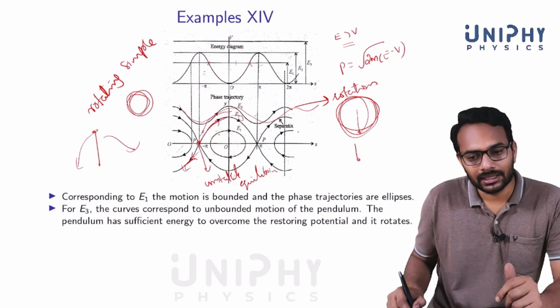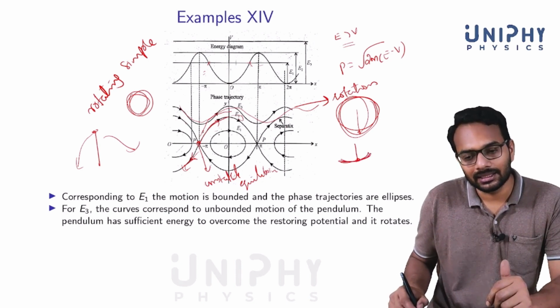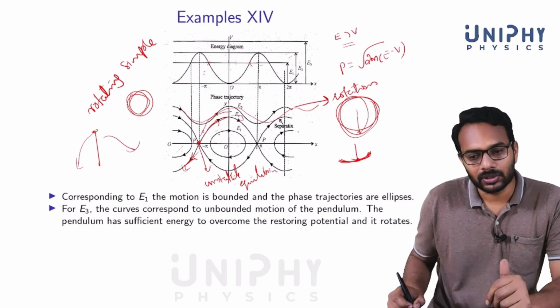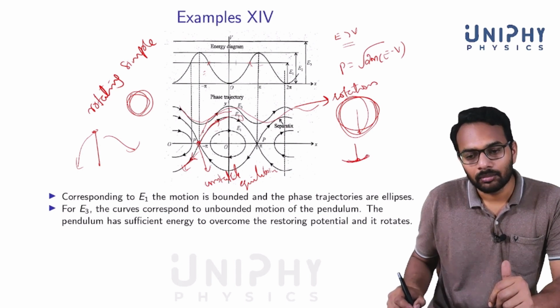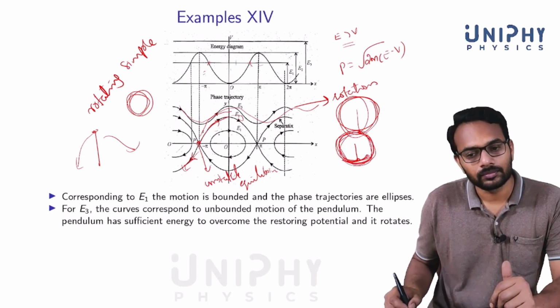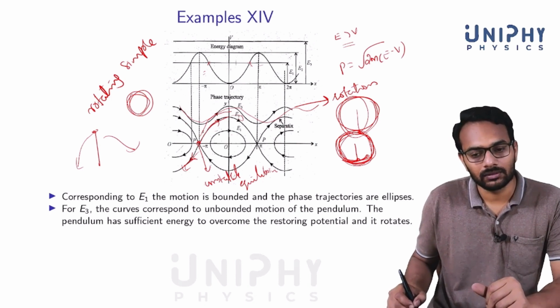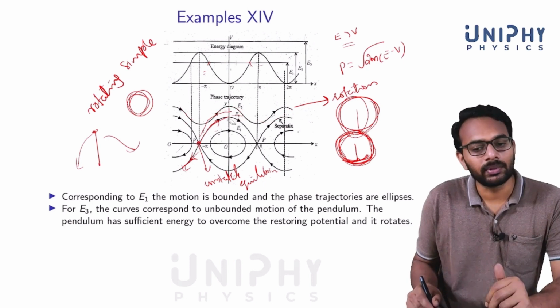In real space it is just the opposite: periodic motion goes like this, but rotation gives you a closed curve. In phase space it's just the opposite. The rotation of the simple pendulum gives you this open curve in phase space.